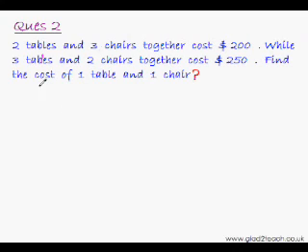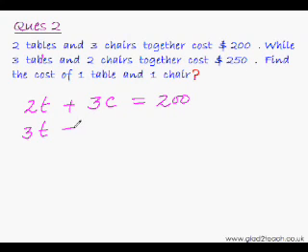So our first equation would be 2T plus 3C equal to 200. And similarly, the second equation would be 3T plus 2C equal to 250. So we have successfully created the two simultaneous equations.